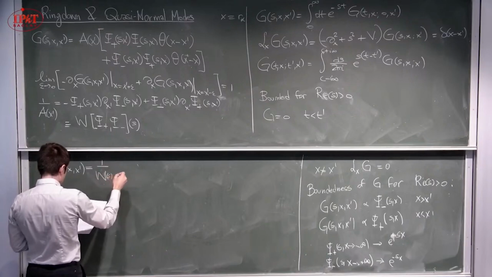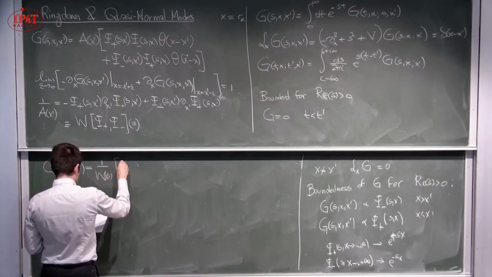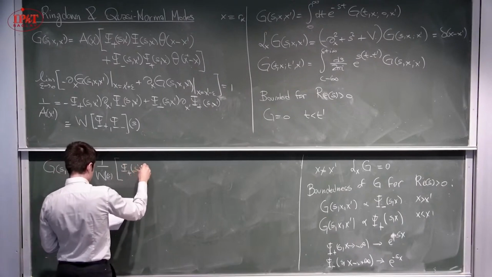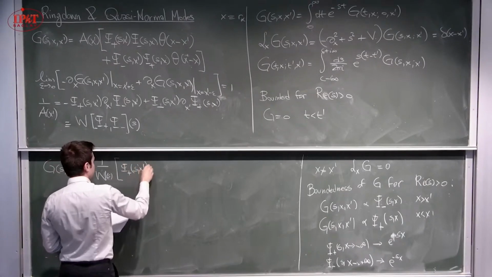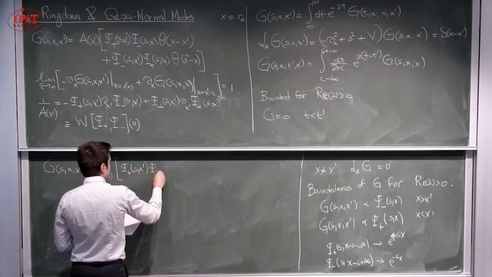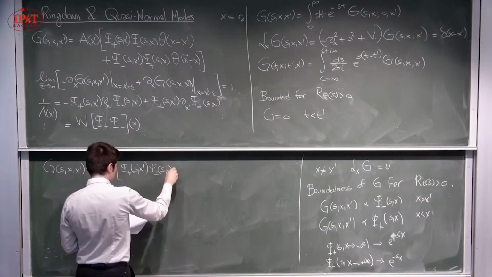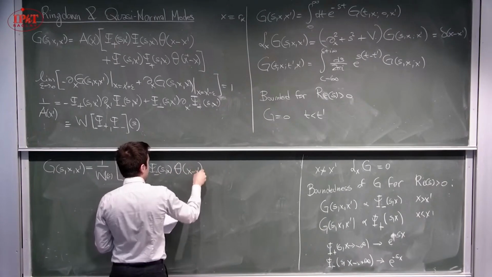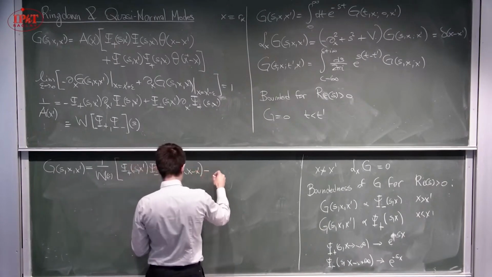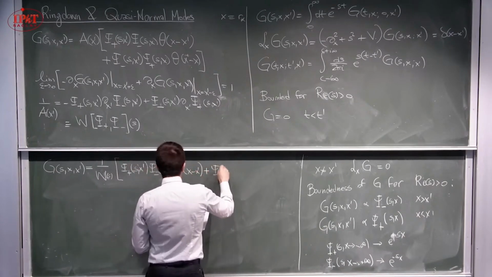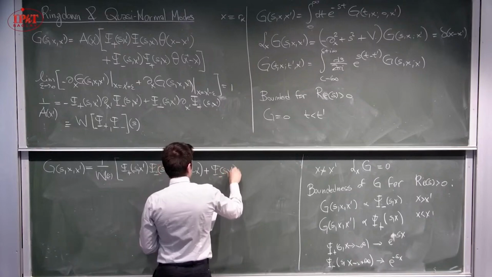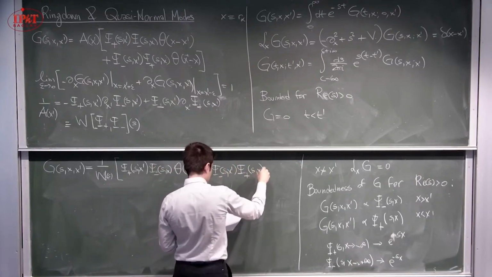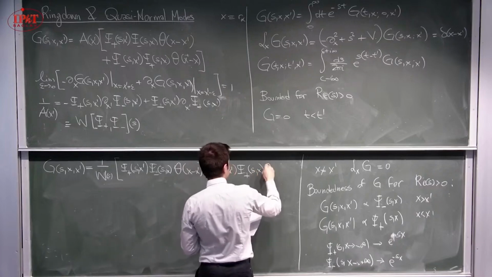Again, let me stress that this is a function of S. Then we have psi plus S x prime, psi minus S x, with the theta function x minus x prime, and then we have the plus s x prime, the plus x, and then we have the other function.